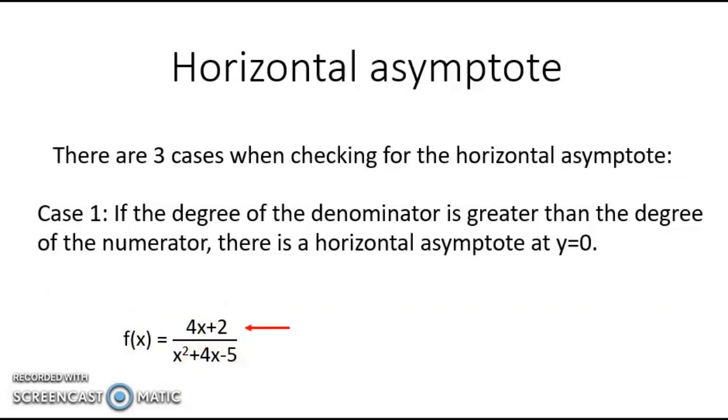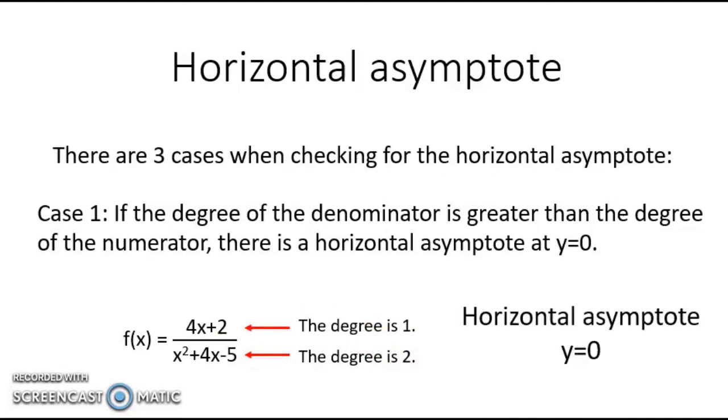Look at the numerator. The degree of the numerator is 1. And the denominator, the degree is 2. Now, the degree of the denominator is greater than the degree of the numerator. So, this function has a horizontal asymptote at y equals 0.